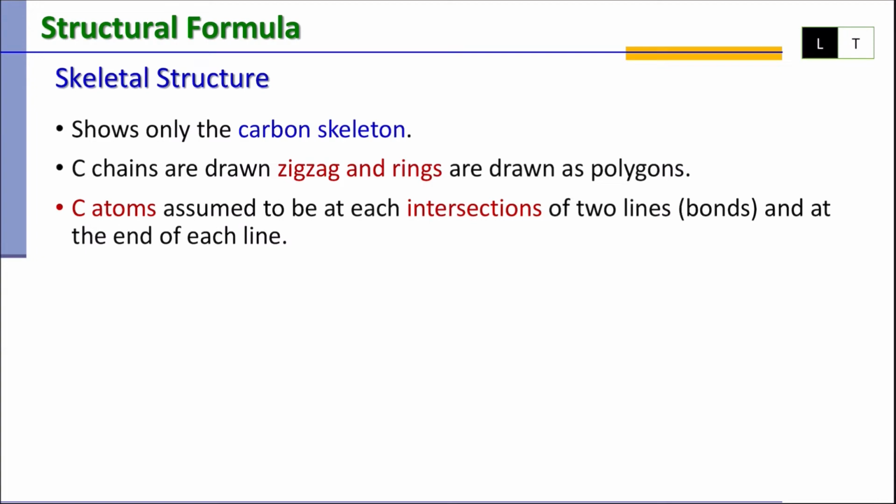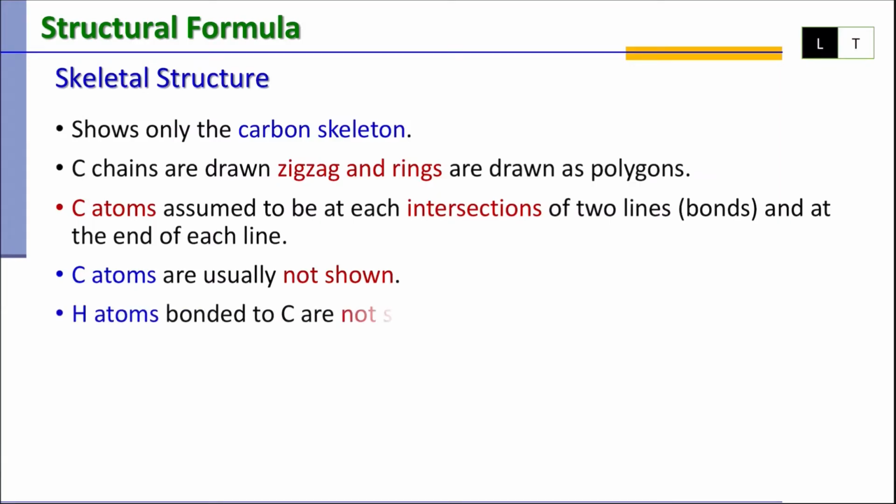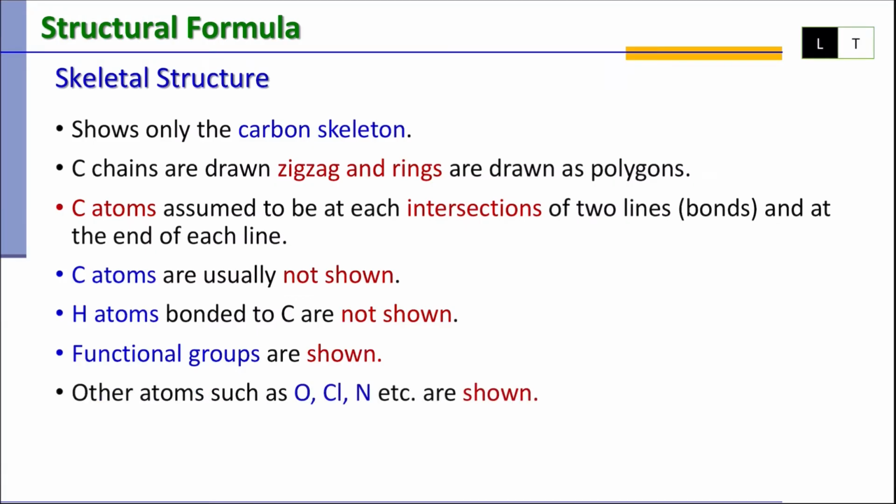So awak tak boleh tunjuk simbol C, awak tak boleh tunjuk H atom yang bonded directly to carbon atom, tetapi apa yang awak boleh tunjuk adalah functional group ataupun other atoms, contohnya macam oksigen, klorin dan nitrogen.